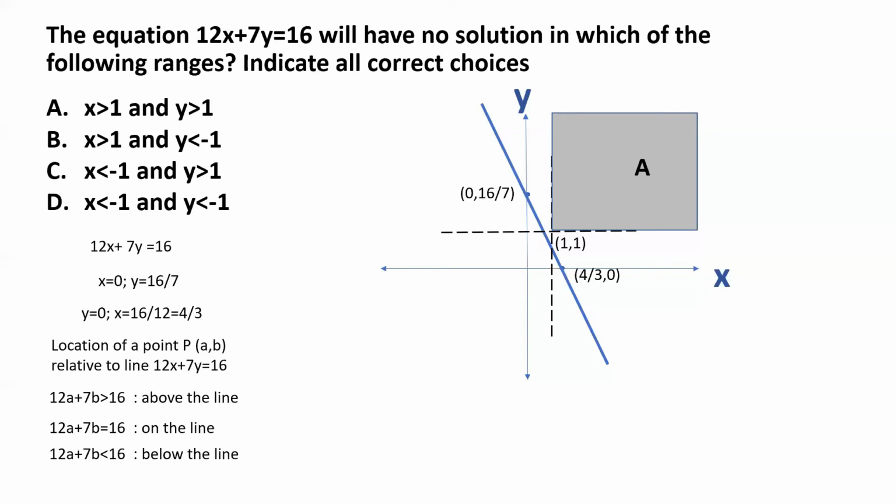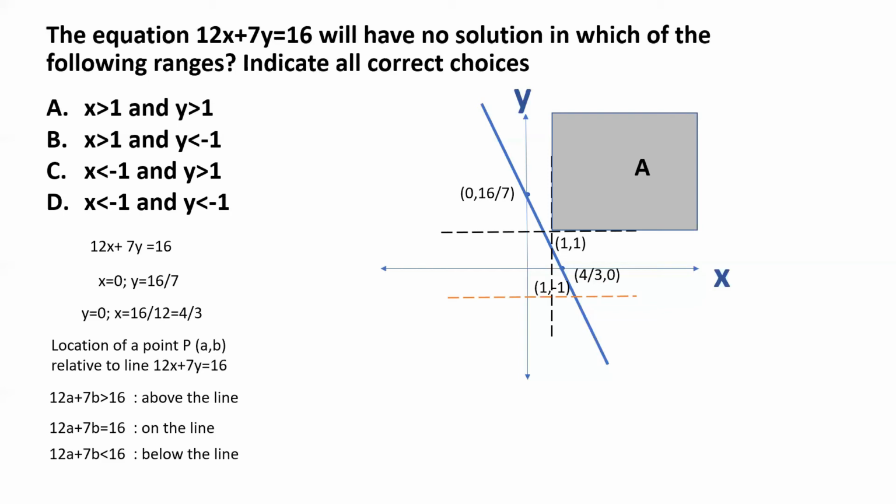Now let's consider option B. Option B is x greater than 1 and y less than minus 1. The point we'll consider here is x equal to 1, y equal to minus 1, right there. The range given in option B represents x greater than 1 and y less than minus 1.